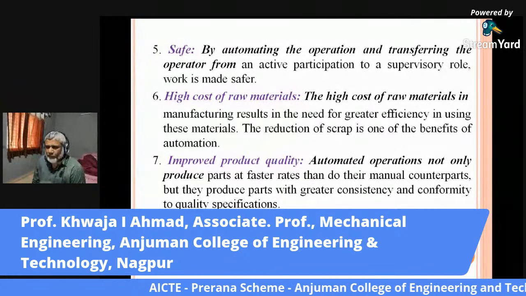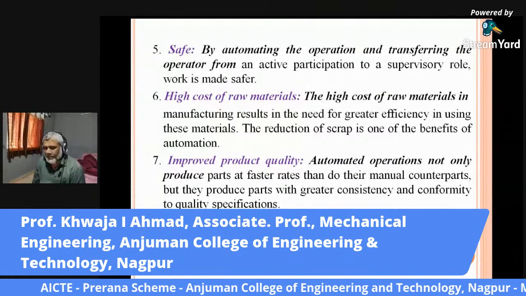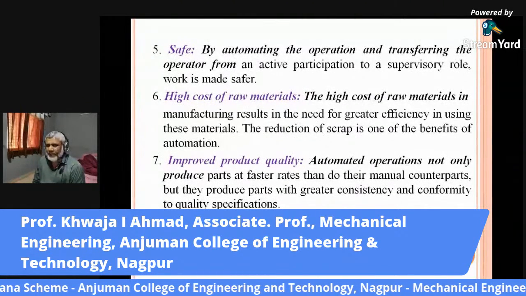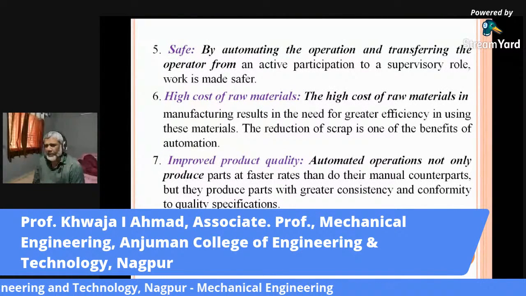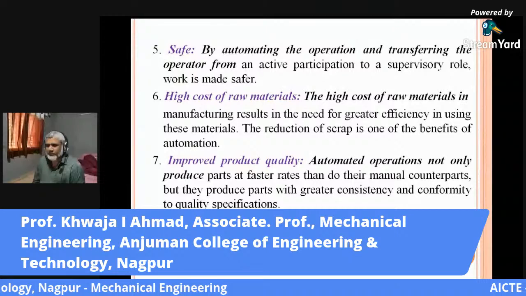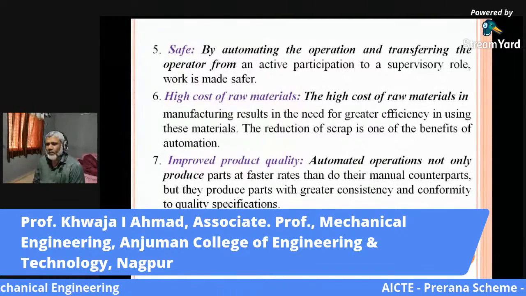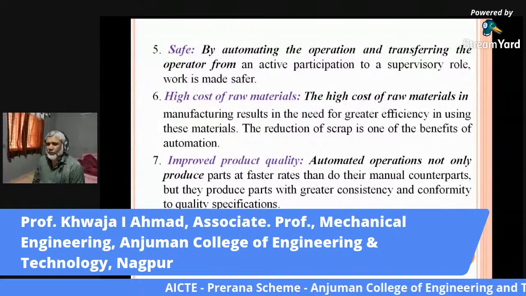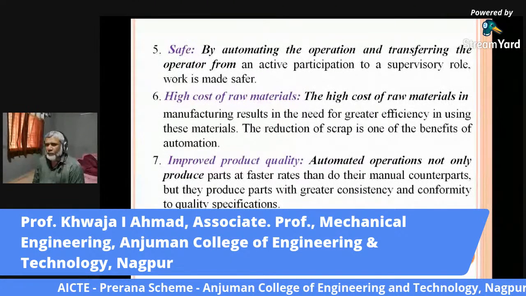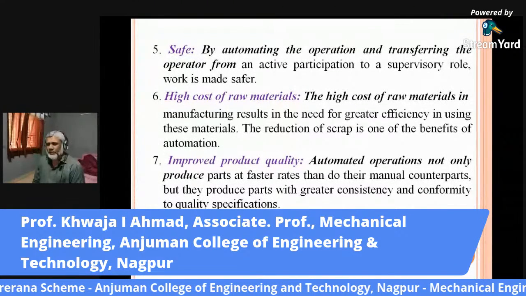Another point for implementing automation in an enterprise is the high cost of raw material. Nowadays raw material comes at a high economic cost. So companies want no scrap generation.